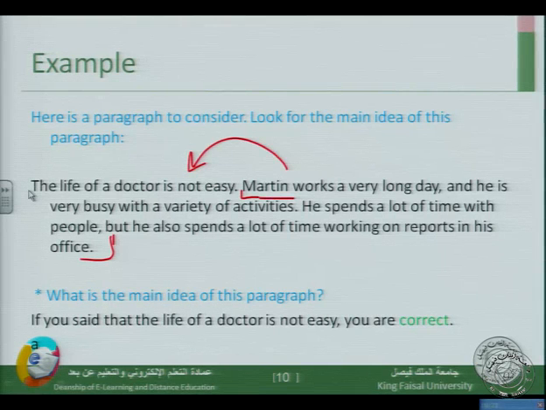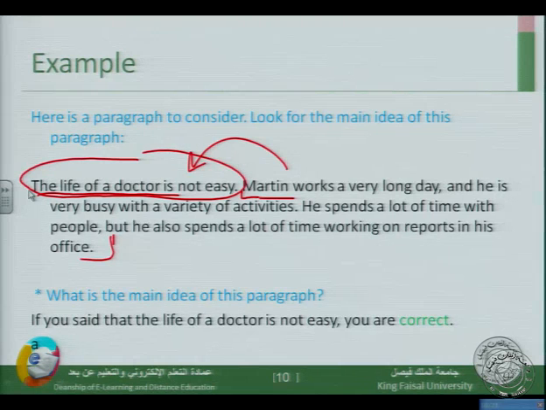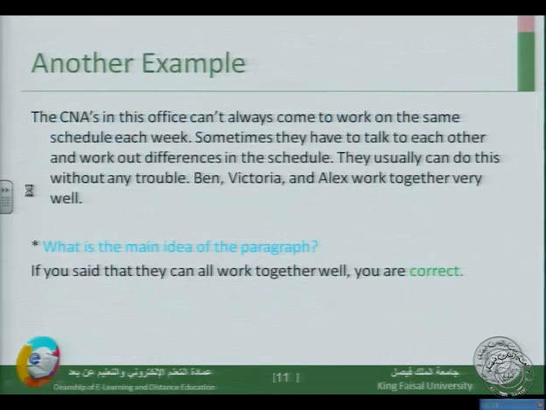So from here to here is a supporting idea about the main idea. As you can see in this paragraph, I found the main idea at the beginning, in the first line of the paragraph, and the rest of the paragraph is a supporting idea about the main idea. So if you say that the doctor's life is not easy, then I guess you are correct.